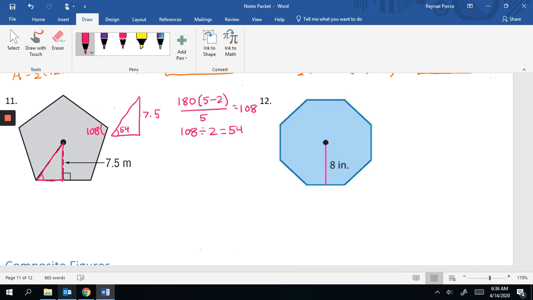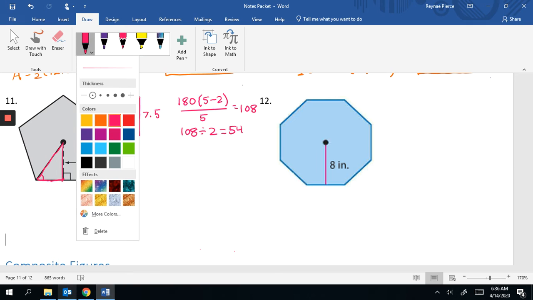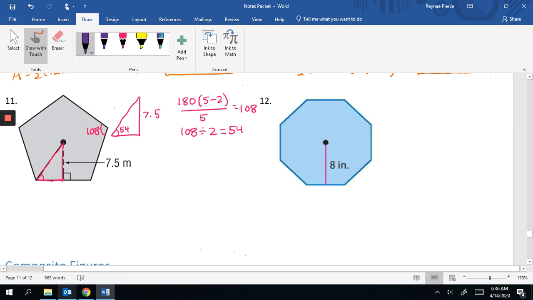And we've got our apothem, but what we don't have is half of this side length. So if I'm going to label these, 7.5 is our opposite. This missing side is our adjacent. So I'm still using tangent.